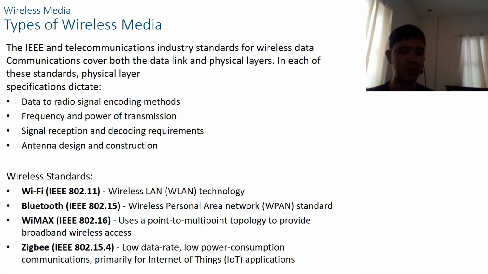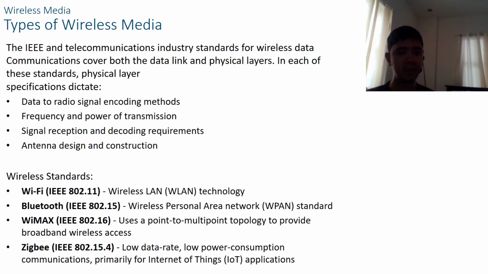There are wireless standards that you have to be familiar with. Wi-Fi is under 802.11, Bluetooth is 802.15, WiMAX is 802.16, Zigbee is 802.15.4. IEEE came up with these standards, which serve as a guide for manufacturers and vendors when they plan to develop tools and devices under these different technologies.